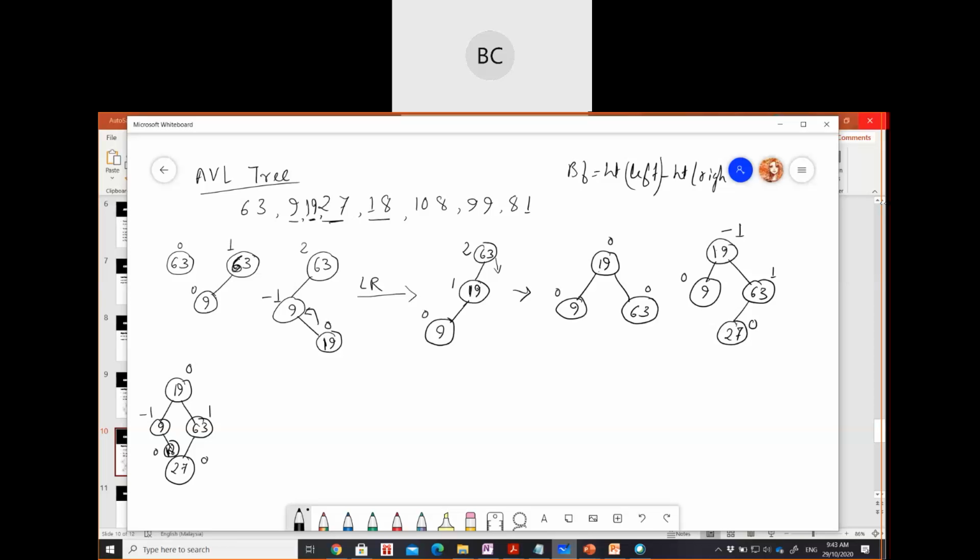Next our node is 108. So 108 will go where? 108. Where will I add it?